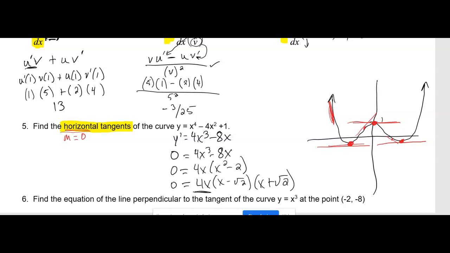And notice how we now get one answer right here at x equals 0. That makes sense if you look at my graph. We get another answer right here at positive root 2. And then we get the third and final answer as negative root 2. Okay, makes sense.